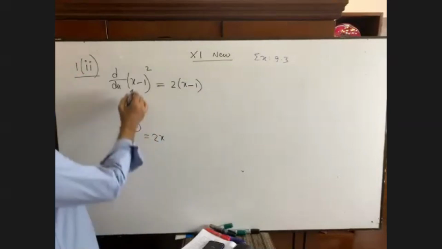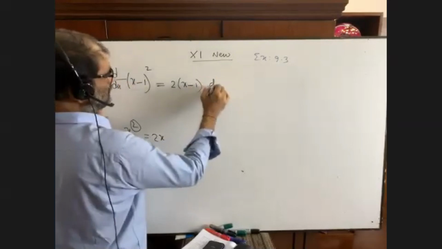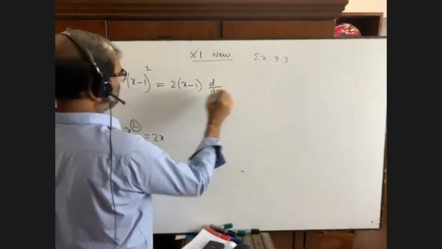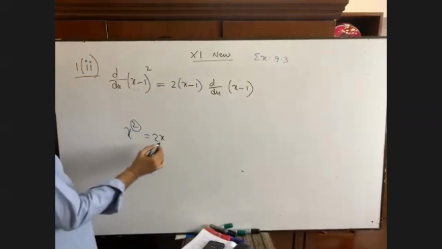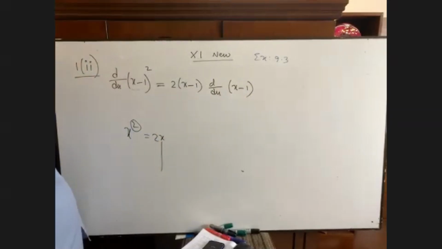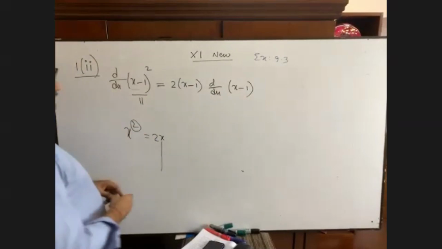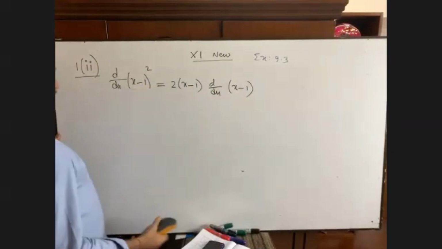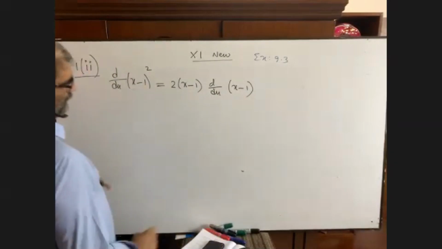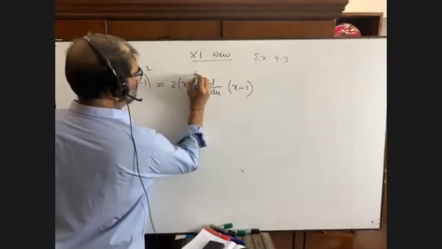But this is not only x. So it will be again differentiated. d by dx. What is x here? You have to think x is x minus 1. So in this math, this is x. If you don't get, please talk to me. Actually, there is power 2 minus 1.